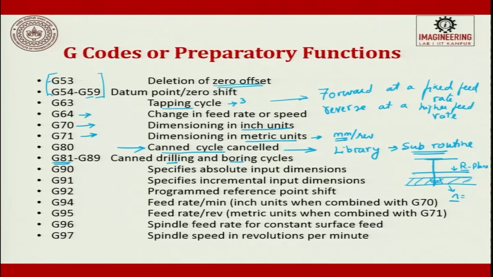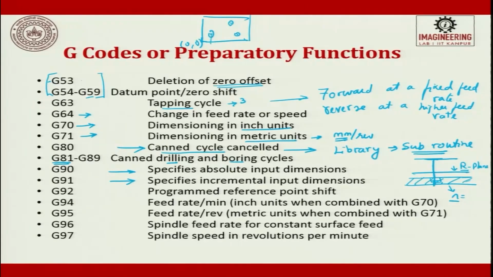When I said you can have the dimension in inches and metric, in the same way you also have G90 for absolute and G91 for incremental inputs. If you go back and look at the holes which we have made, if you take this as 0,0, you drill a point here, and then a point here and here.